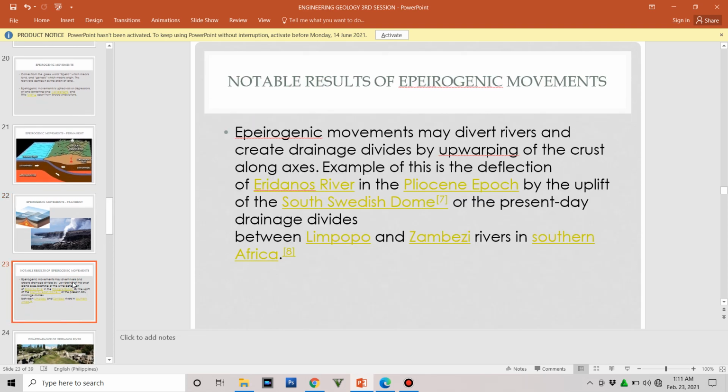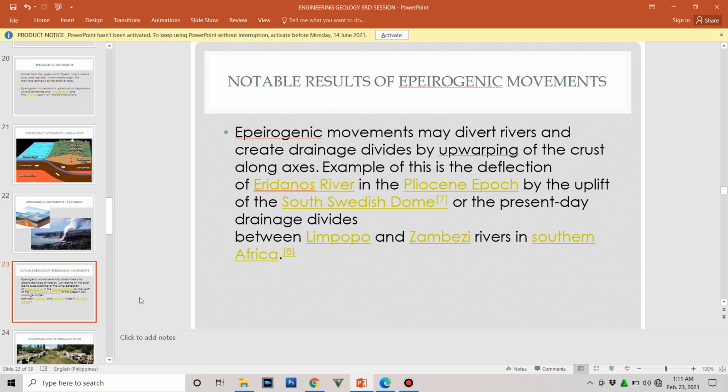So that is a similar process on that EPEIROGENIC movement that is transient in nature. So we have here now notable results of EPEIROGENIC movements. So EPEIROGENIC movements may divert rivers and create drainage divides by unwarping of the crust along axis.